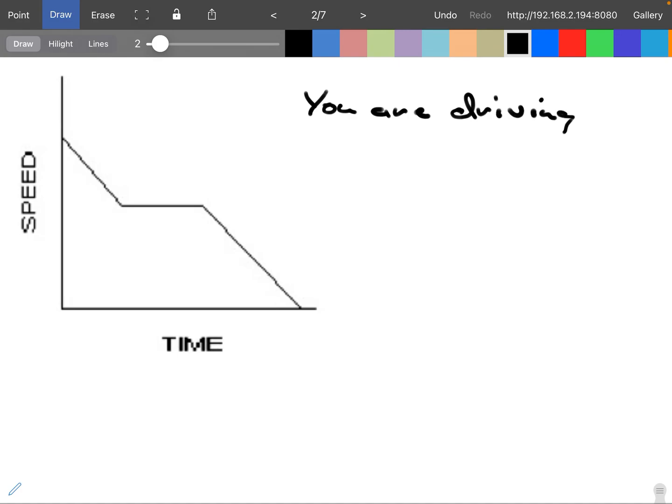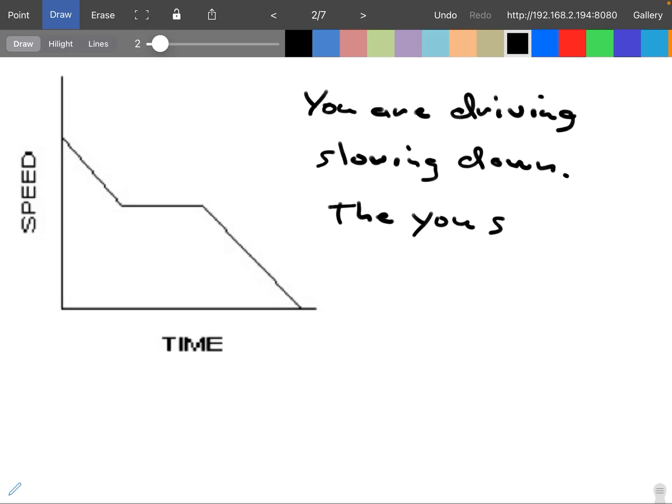So we'll put you are driving your car, slowing down because you're on your brake. So you're braking. Okay, so you're driving, slowing down. Then you set your cruise control.